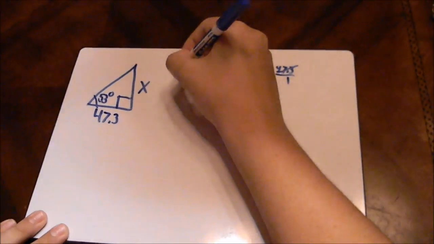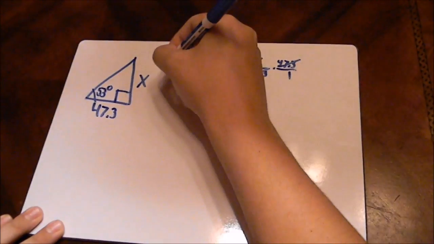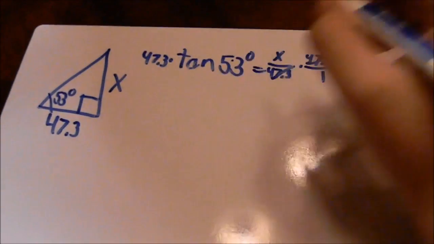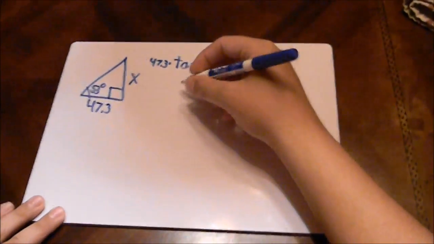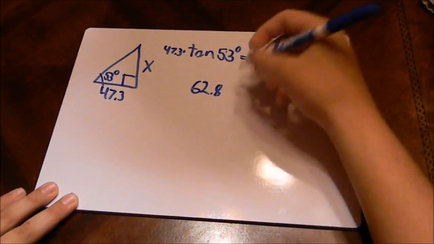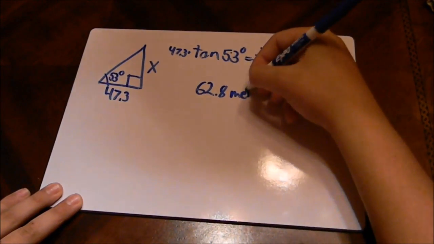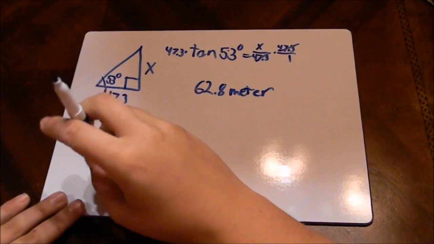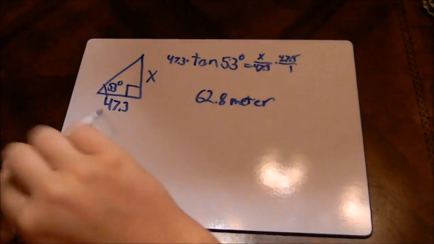And we would have to multiply the same thing on this side, so 47.3. And now we're going to solve it, which would make the answer 62.8 meters. The height of the tower is 62.8 meters tall.